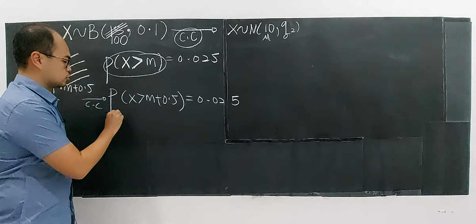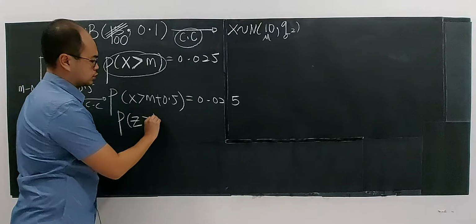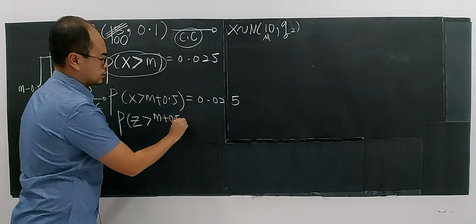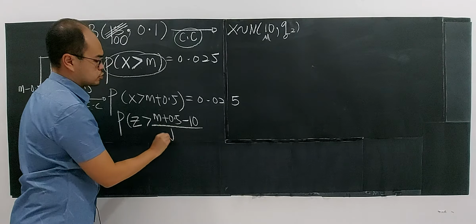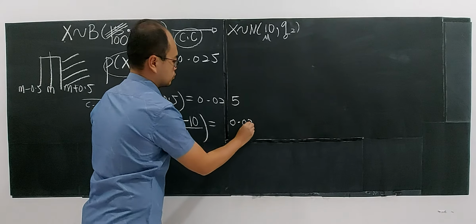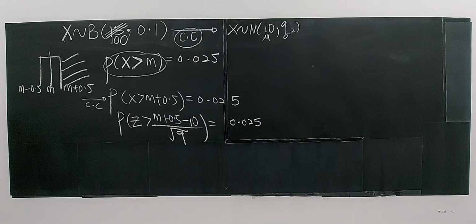So you convert this to a z score: you take the value x plus 0.5, subtract the mean 10, divided by the square root of 9, which gives you 0.025.